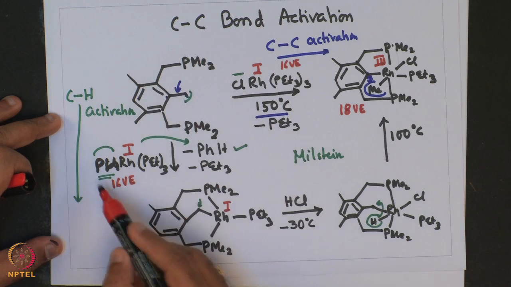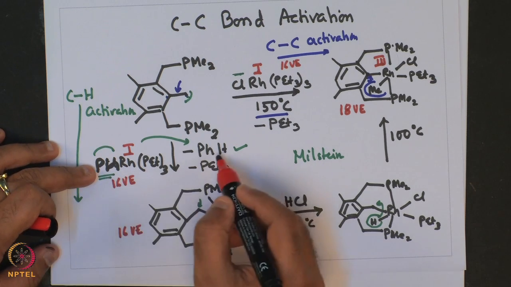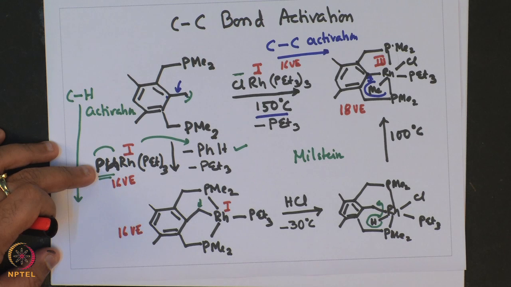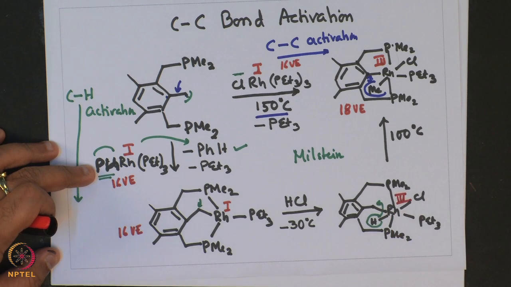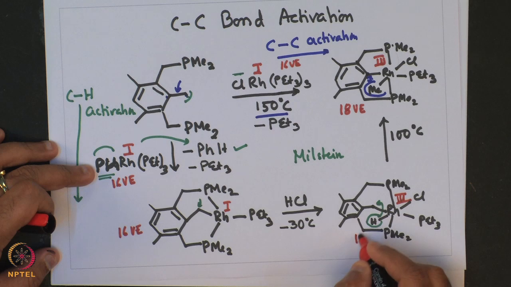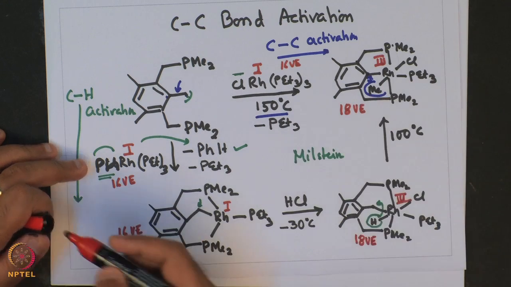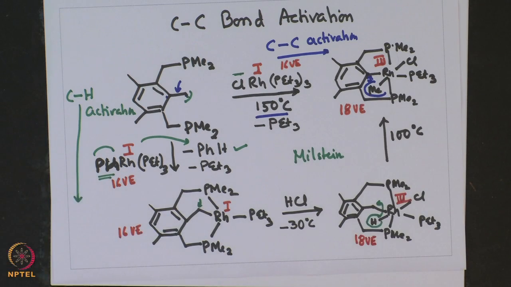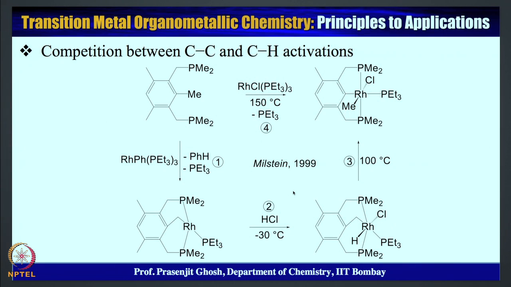One is this, the other is the phenyl group, leading to the elimination of benzene, and similarly the oxidative addition of HCl results in this rhodium 3 compound having 18 valence electrons, which rearranges on heating to give this C-C activated compound.